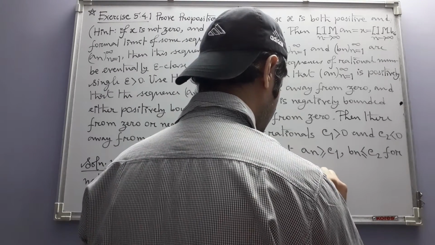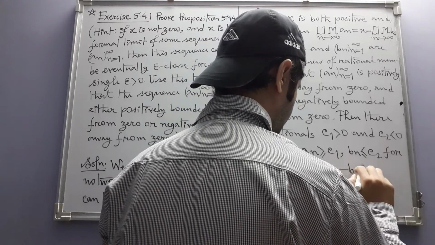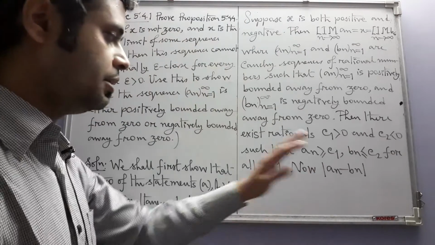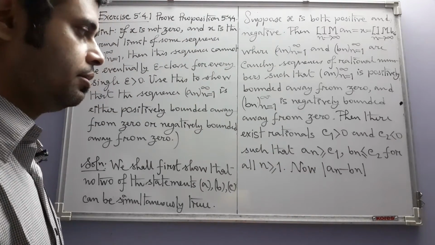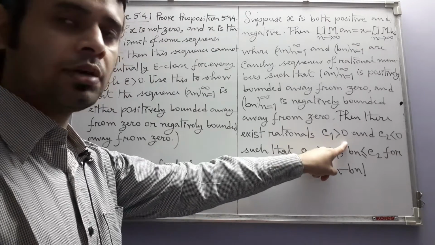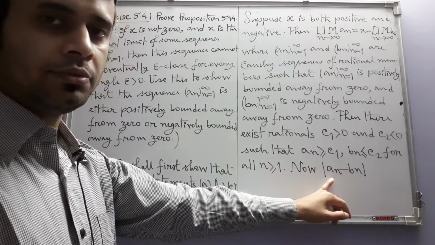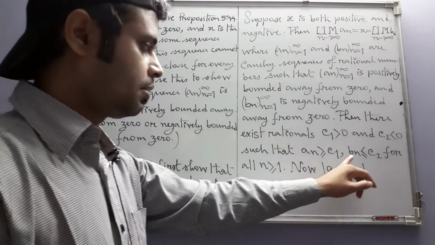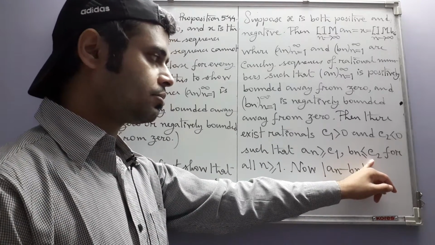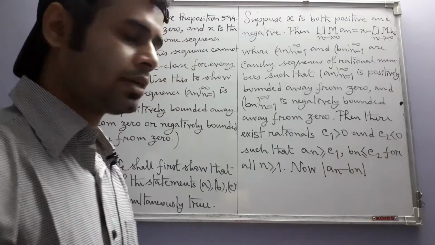Now look at the distance between an and bn, that is |an minus bn|. Since an is greater than or equal to c1 and c1 is positive, for all n, an is a positive rational number. Like that, bn is less than or equal to c2 and c2 is negative, so all the bn's are negative.